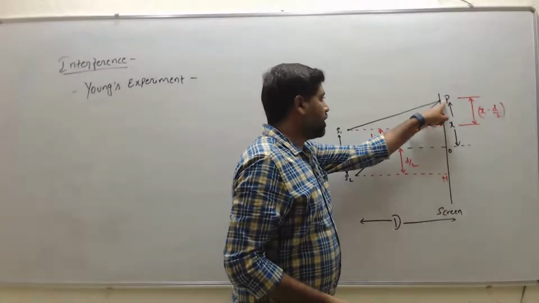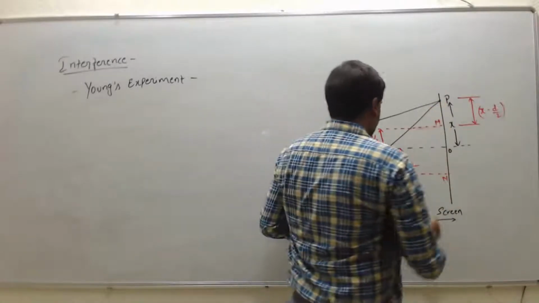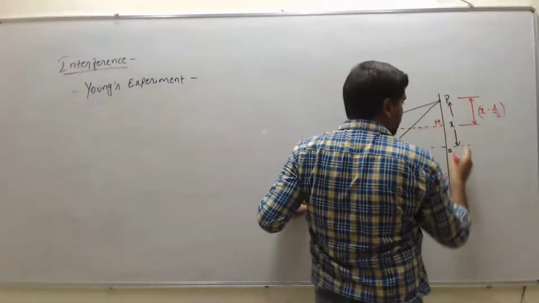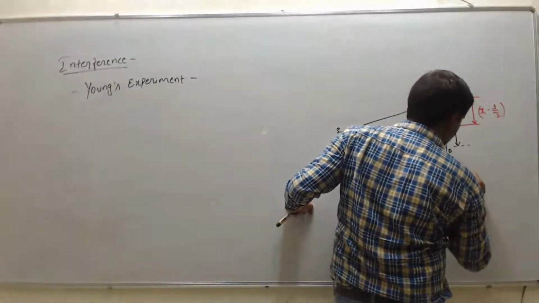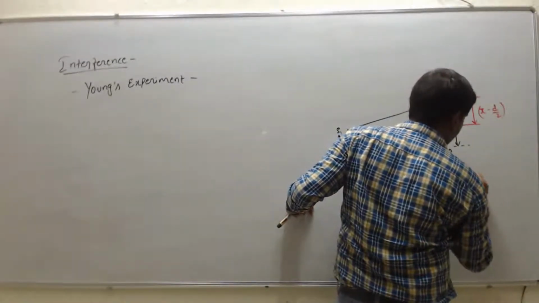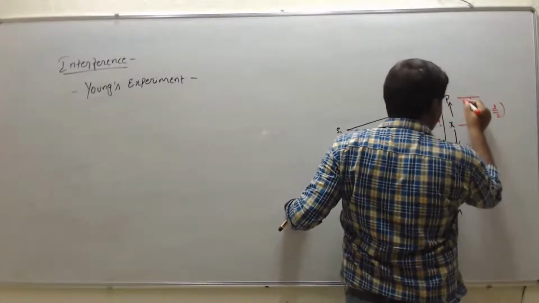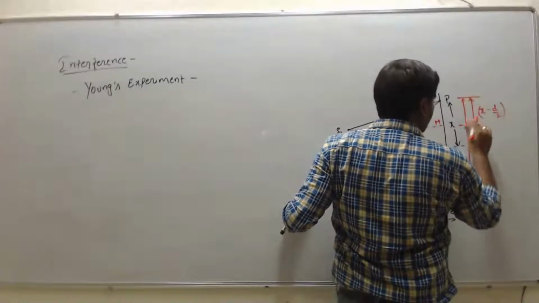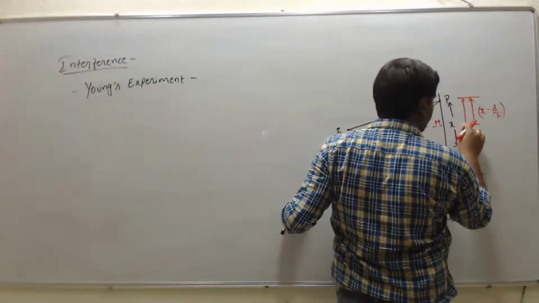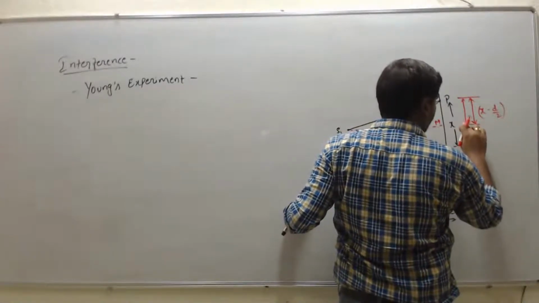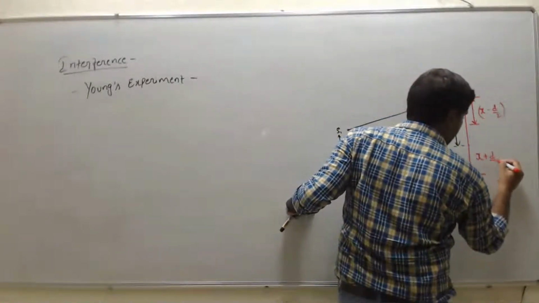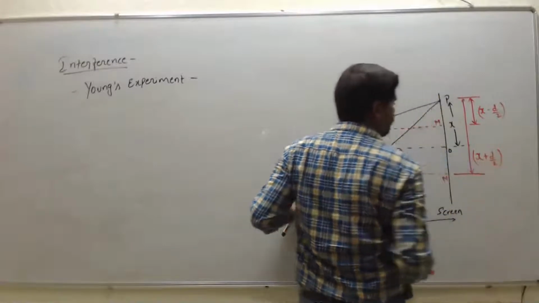Next, the value for PN, that is for the source S2, if we take it for measuring this length, from P to N, this value becomes x plus d by 2.